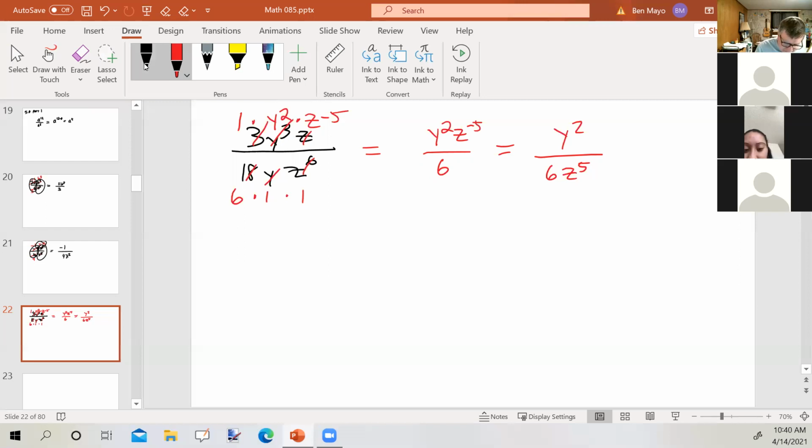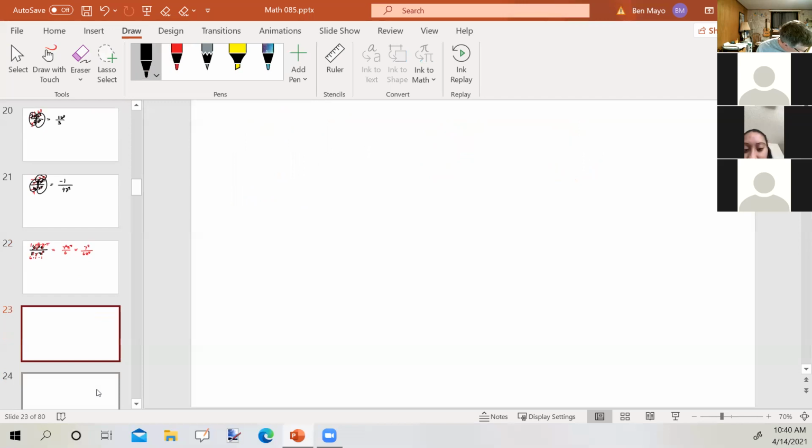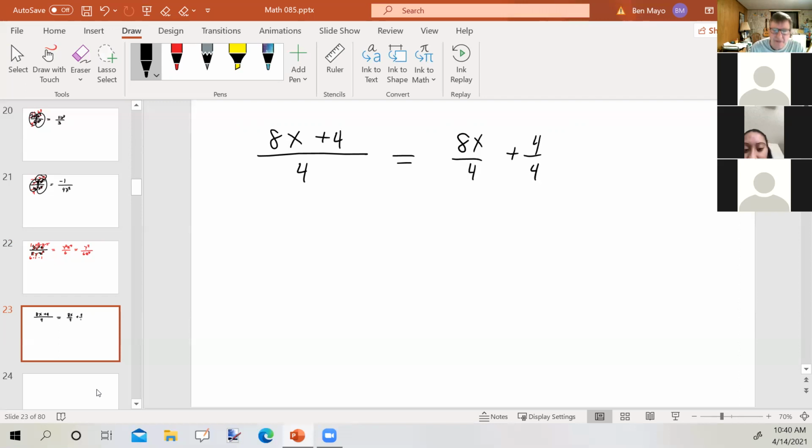All righty. Now we're going to take a polynomial and divide it by a monomial. And the way we're going to do this is we're going to split it up. We're going to take each term in the numerator and divide it by the monomial term in the denominator.